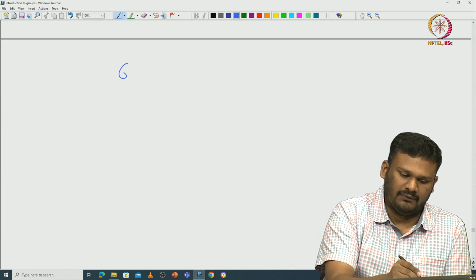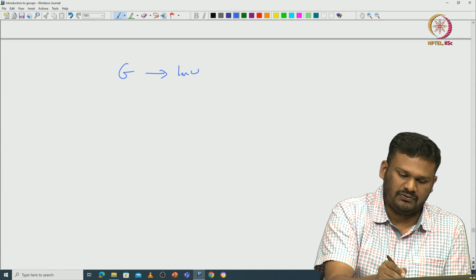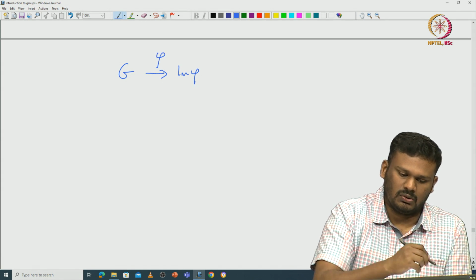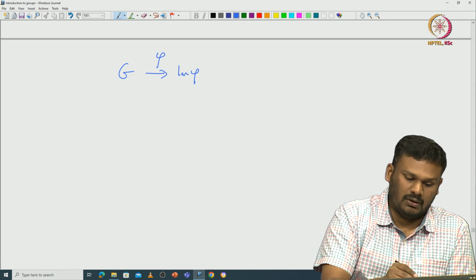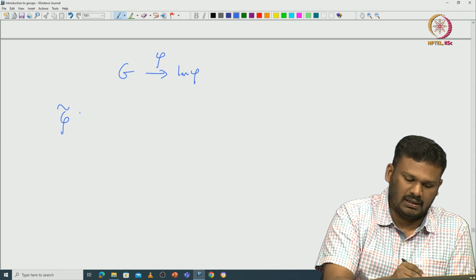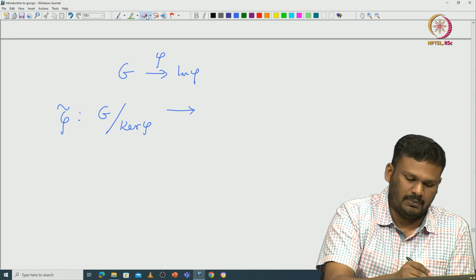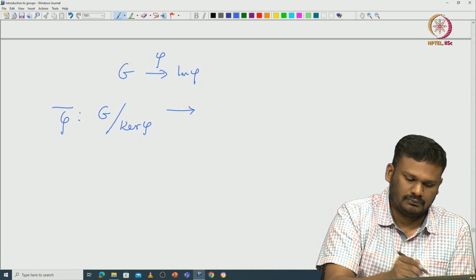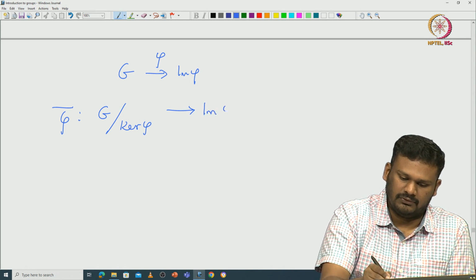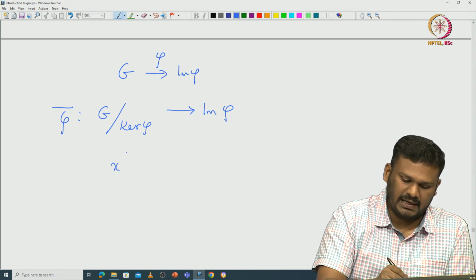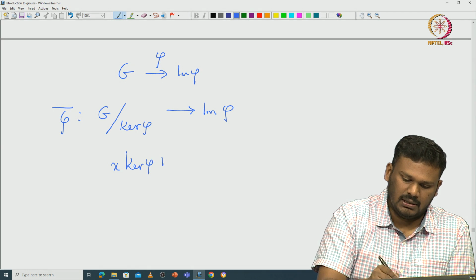So you have a map from G to image phi, which we are calling phi. Now we are going to define this phi tilde, which is a map from G modulo kernel phi, okay, maybe I will call it phi bar, to the image of phi. So what is this map? You take x kernel phi and map it to phi of x.